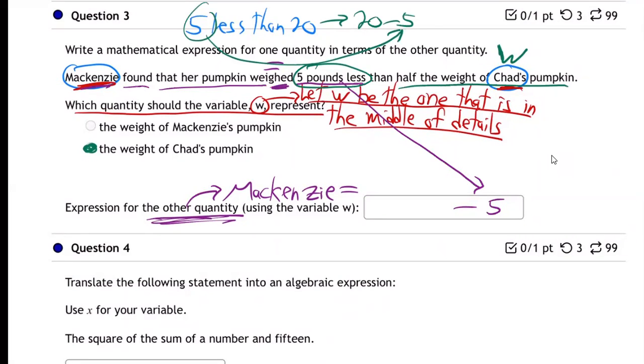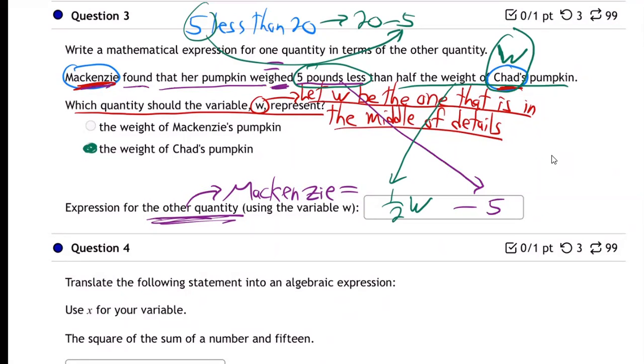How am I going to do that? Can I go a half W like that? Because W is the weight of Chad's pumpkin. That's what we decided in step 1.